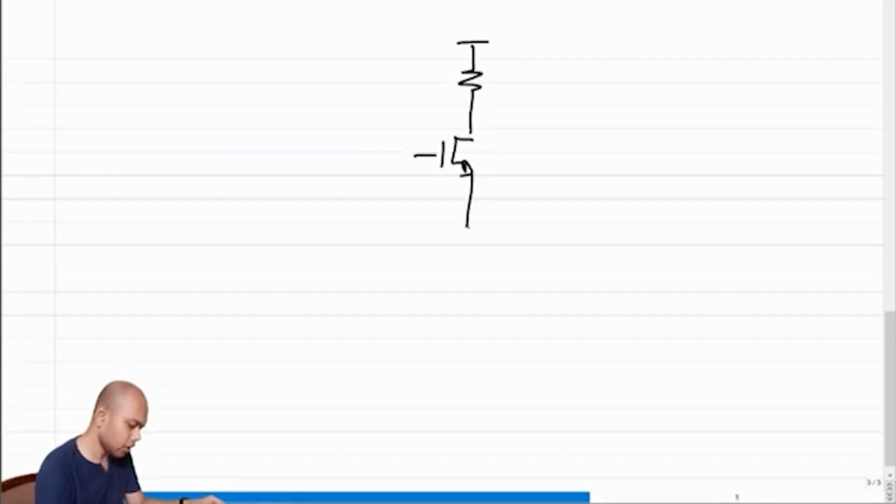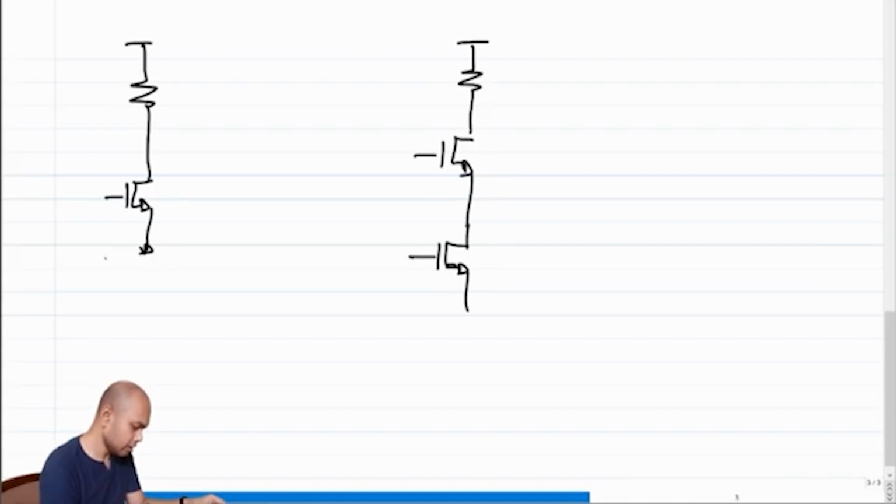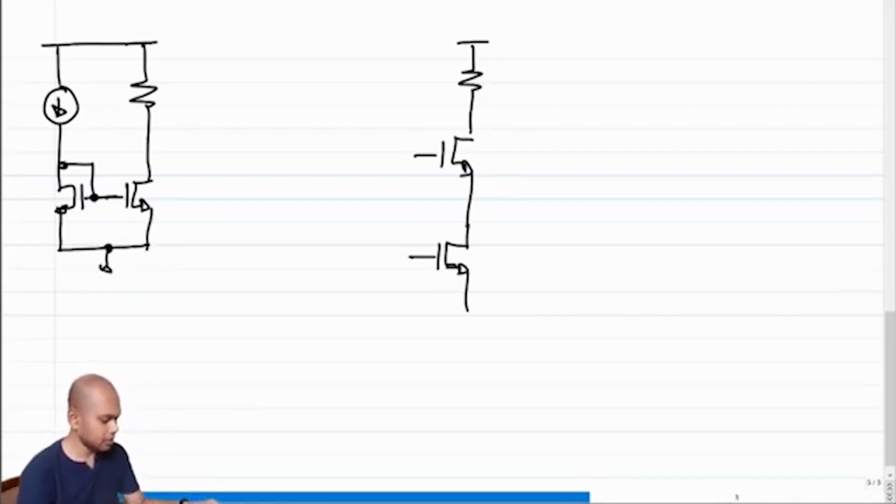Okay, so let's draw the parallel with the common source amplifier again. What was the biasing scheme for our common source amplifier? One of the constant current biasing schemes was using a current mirror, right? If you recall, in one of the earlier lectures where we introduced the current mirror, this is what we had seen.